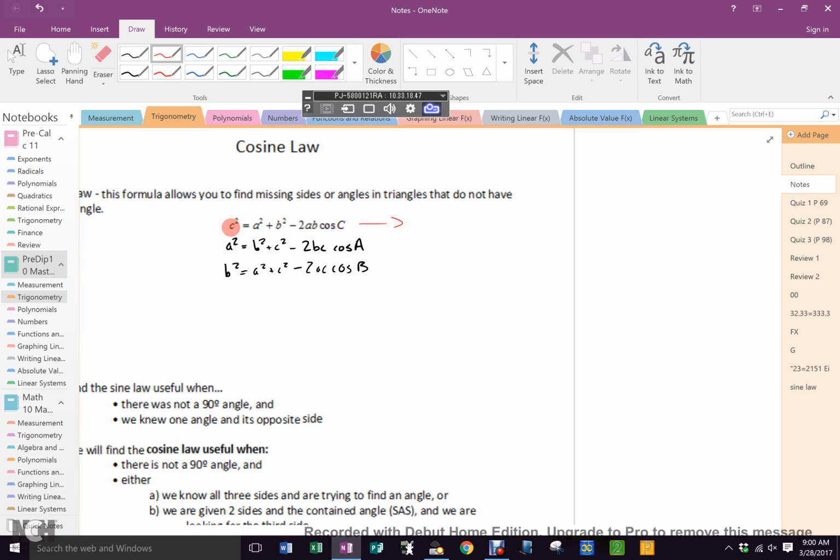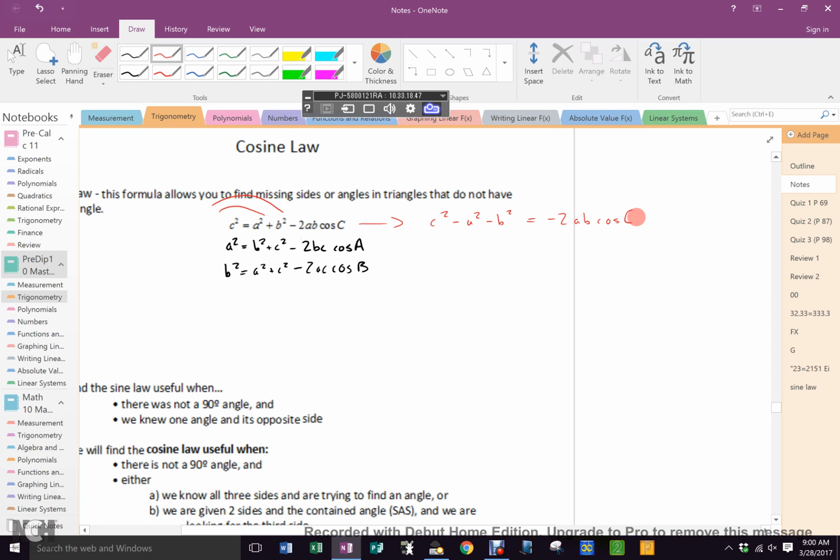Max. Would you subtract the a squared and b squared from both sides? Or you would move them over there, right? So you would have c squared minus a squared minus b squared, and that would equal negative 2ab cos c.